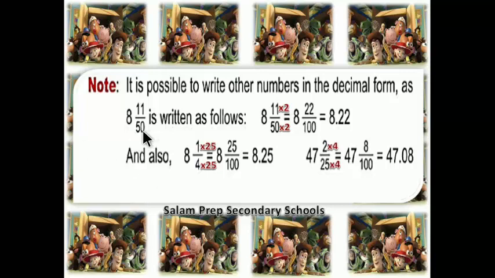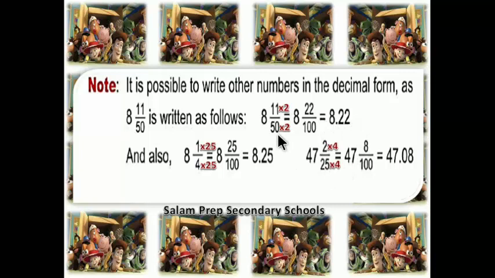Now we can make 50 become 100 like this. 8 and 11 over 50. 50 times 2 equals 100. 11 times 2 equals 22. Now we can write this mixed number in decimal form. 8 and 22 hundredths.